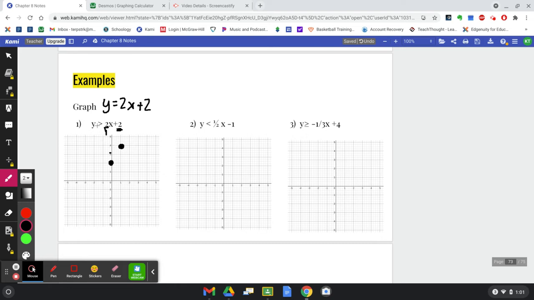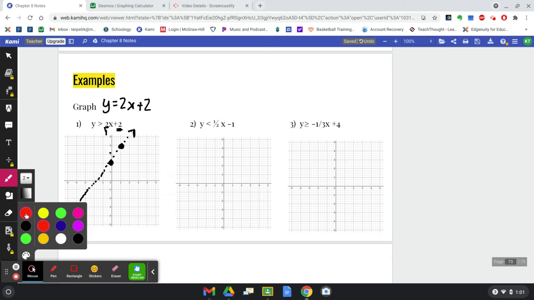So now I can graph, but I got to be careful because I have to determine what type of line. Since it's strictly greater than, I'm going to use a dotted line or dashed line. So that means none of the points on here are solutions. So the next thing I want to do is shade. This is saying y is greater than this line.